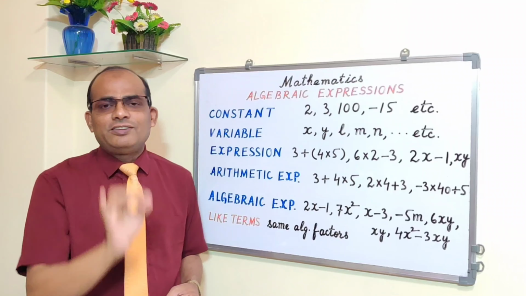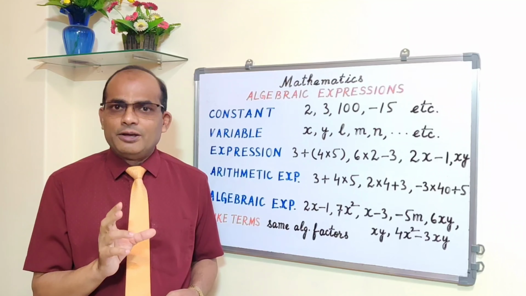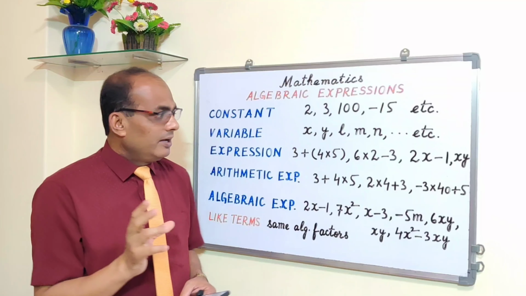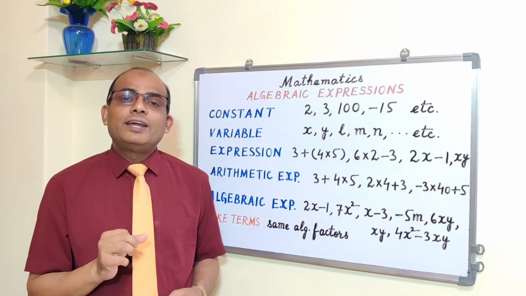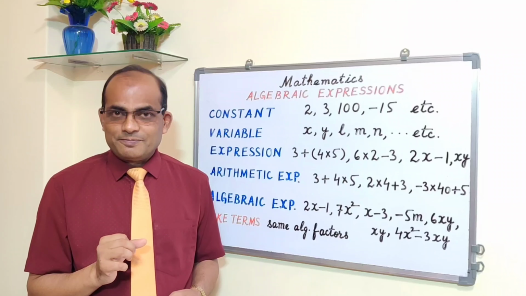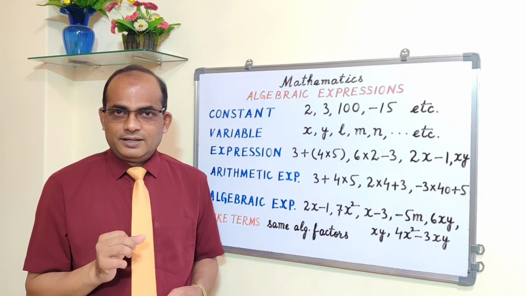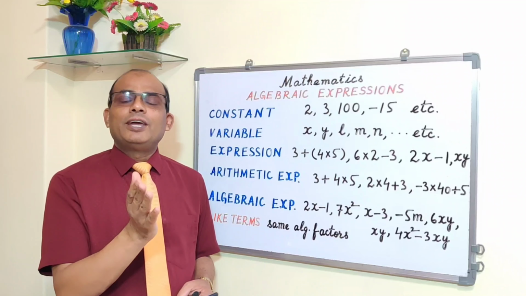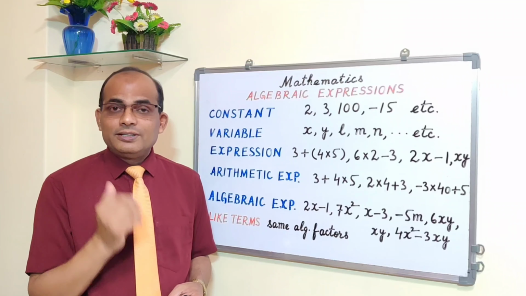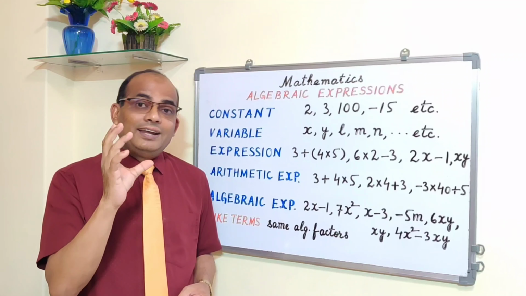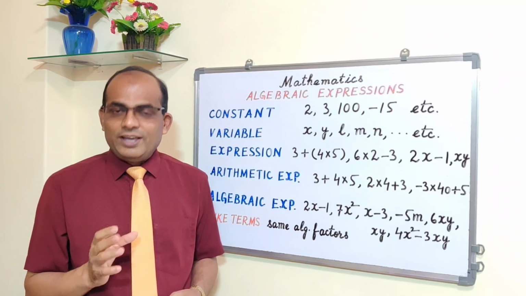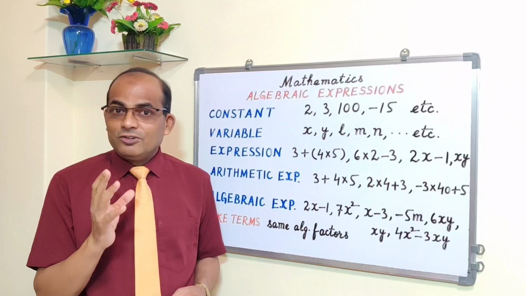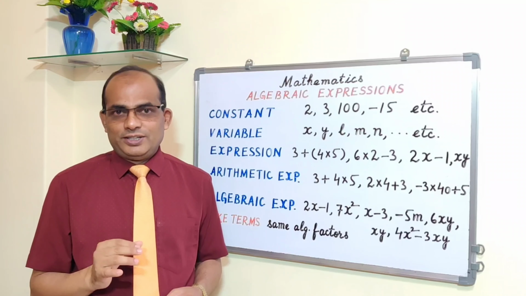It's important to understand what algebraic expressions are, and at the same time what an arithmetic expression is, because an arithmetic expression can be evaluated, whereas an algebraic expression cannot be evaluated.